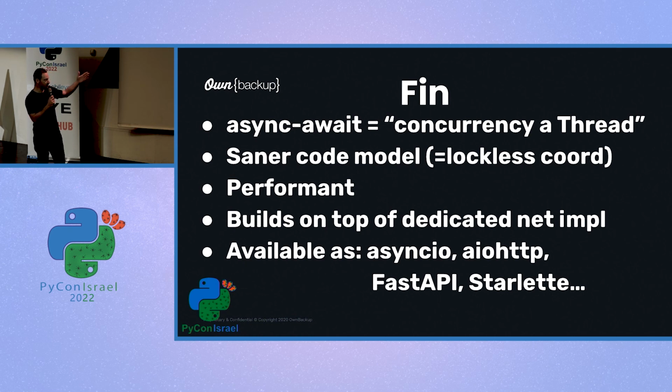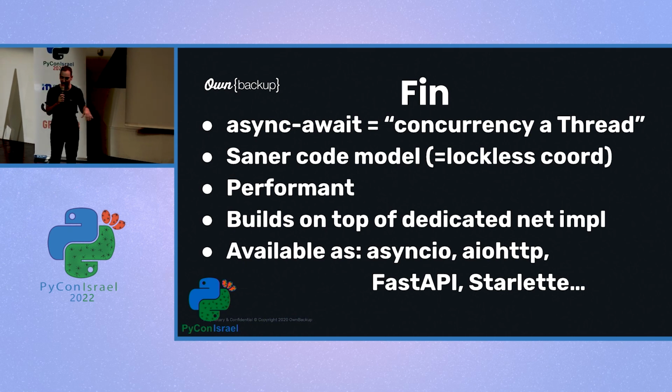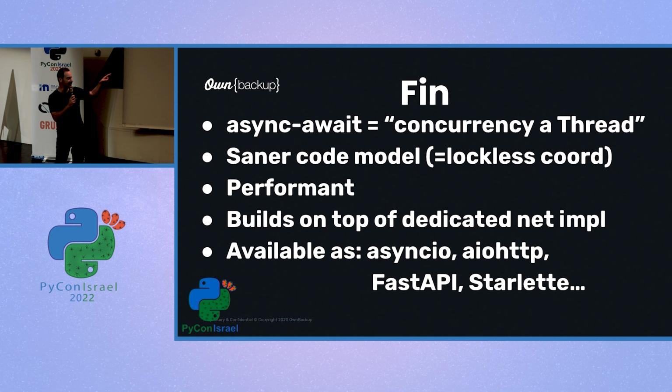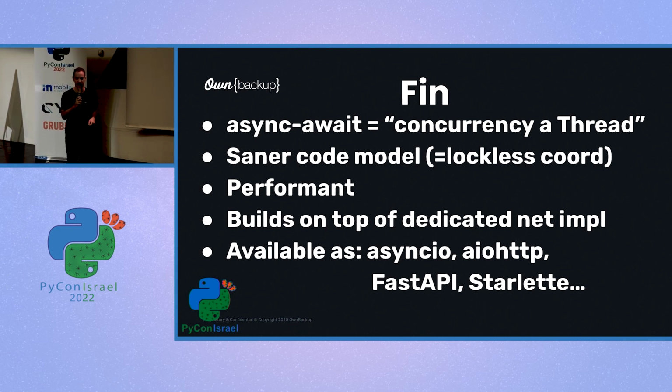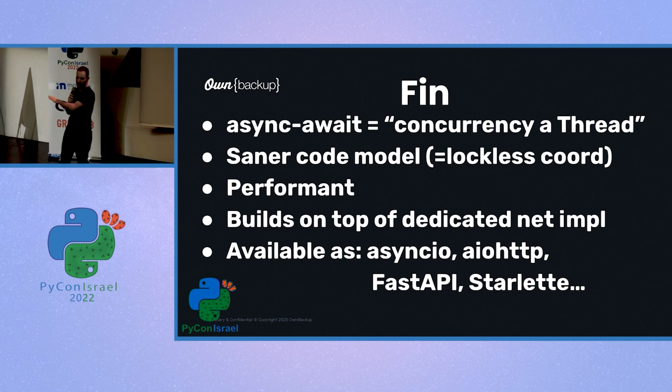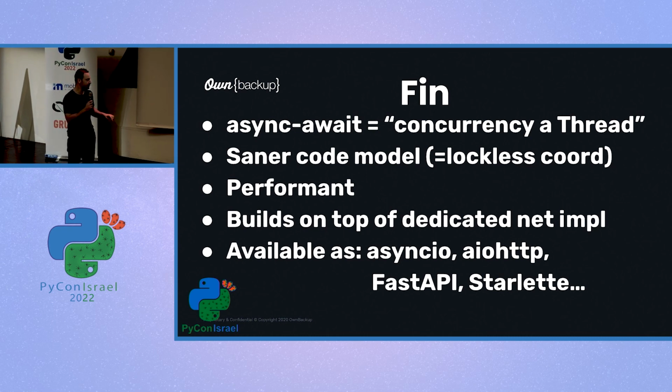And the whole magic of any async-await framework, be it JavaScript or Python, is that the framework supplies a dedicated network implementation like we just saw. If you know that there is asyncio in Python, it means that people actually went and implemented each and every networking primitive in the way that we saw, which interact directly with the event loop, like this.